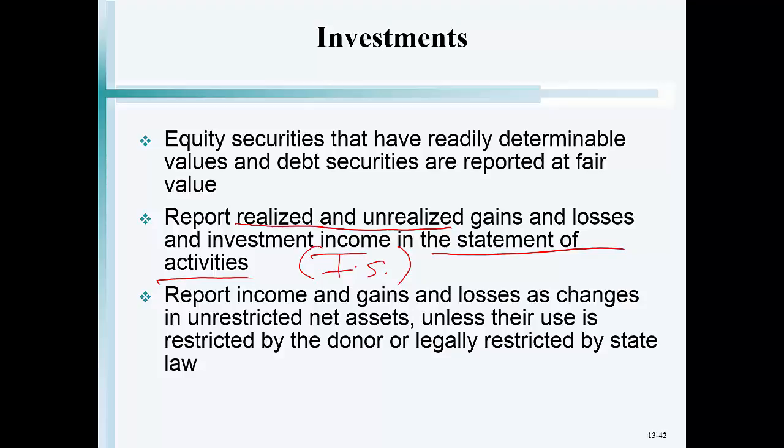Okay? All right. Now, you said trading security was one of the categories? Okay, what's the other two? Available for sale is another category of security, right? Now, with available for sale security, we do what? We have change in value. How do we handle that?